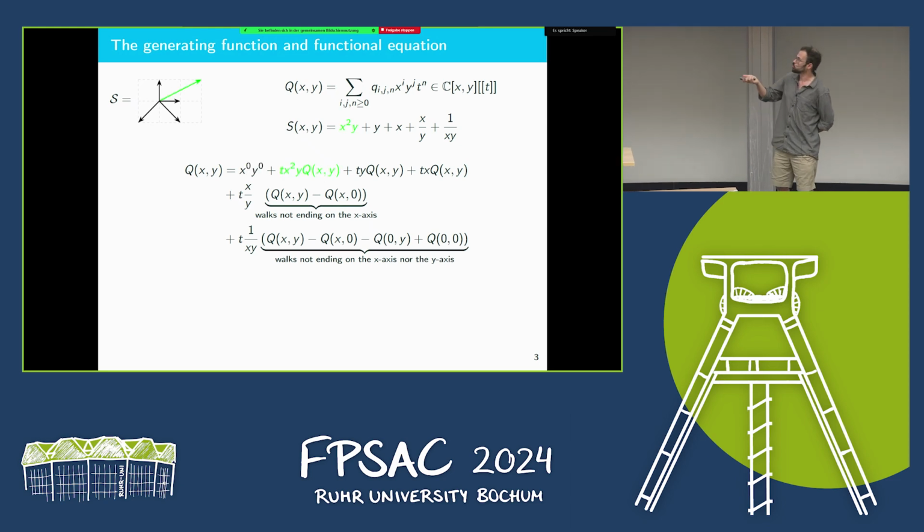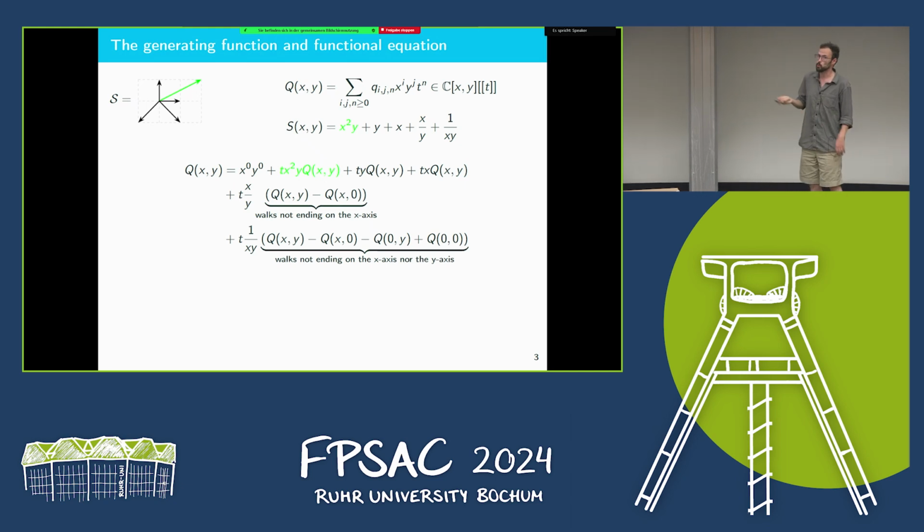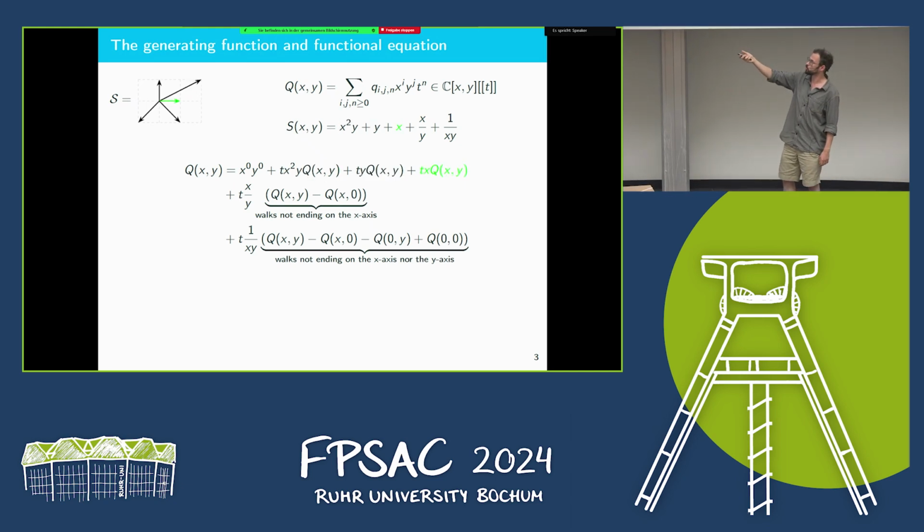I do the first one, corresponding to this monomial. You see that if you add this step to any walk in the quadrant, then you will still remain in the quadrant. So you multiply the monomial t x^2 y by the full generating series Q(x,y). You perform the same argument for these two steps.